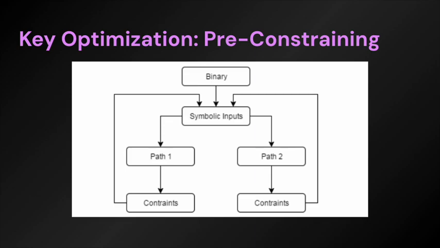Then when it encounters a branch where fuzzing failed to explore the alternative path, it removes the constraint and solves for the new condition. This allows it to generate a new input that leads to a previously unexplored path. This optimization is important because it keeps symbolic execution manageable. Without it, symbolic execution could quickly become overwhelmed by too many paths.